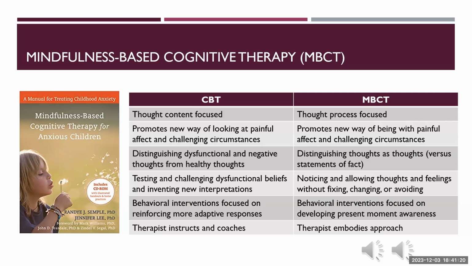Instead, in MBCT, when you catch those thoughts in the moment, you just simply acknowledge the fact that you're having those thoughts. So acknowledge that I'm having these thoughts, but remind yourself that thoughts are just thoughts. They're not a reflection of the absolute reality, thereby reducing the intensity of the impact those thoughts have on your mental and physical status.